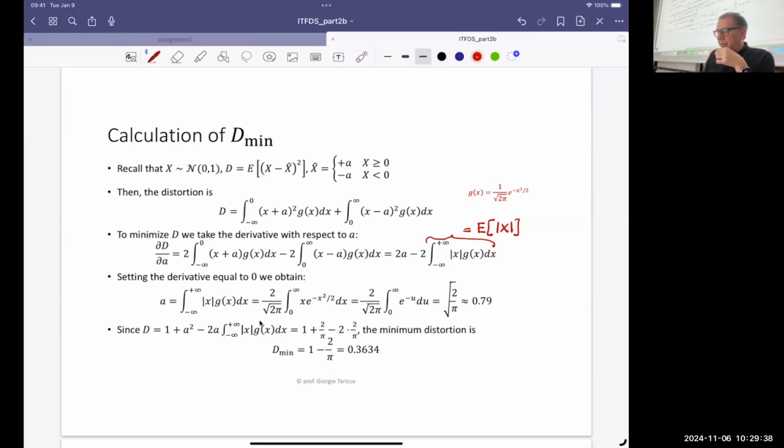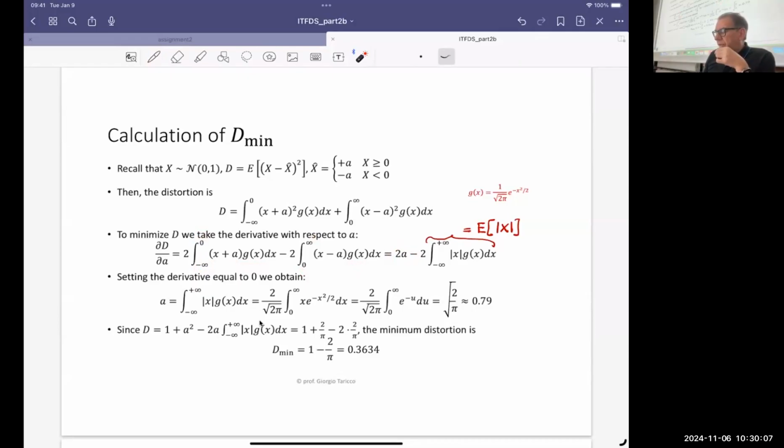2a comes from the fact that if we extract from the integrals the constant a, we have 2a that multiplies the integral from minus infinity to 0 of g of x plus the integral from 0 to infinity of g of x, which is obviously equal to 1. And so this justifies the presence of this 2a.